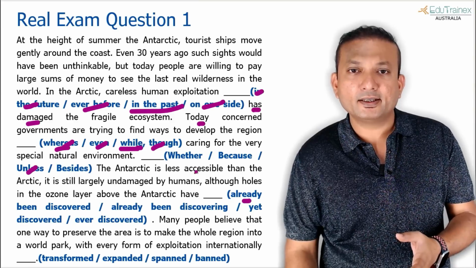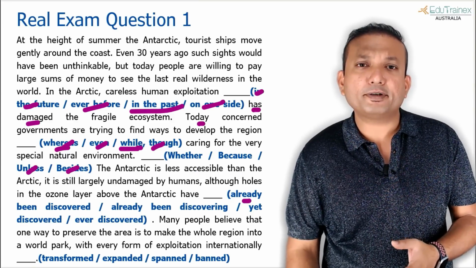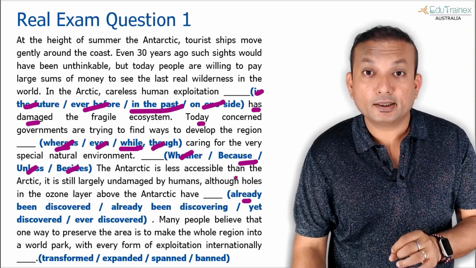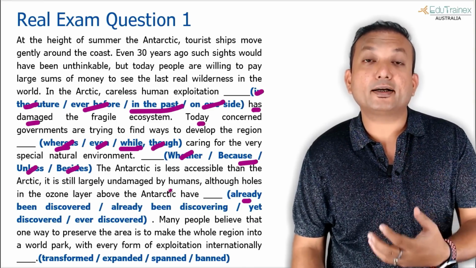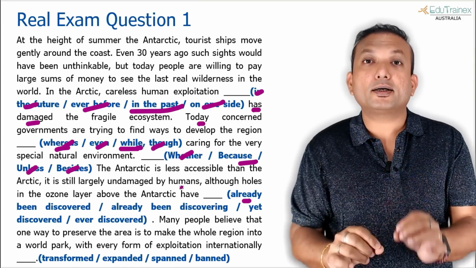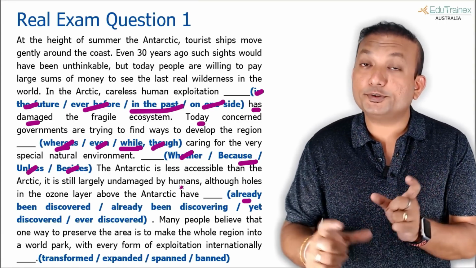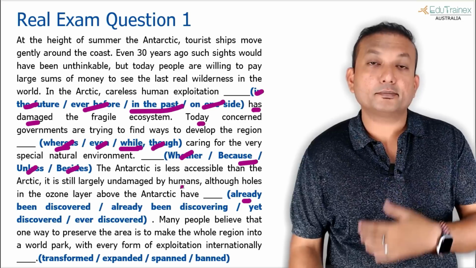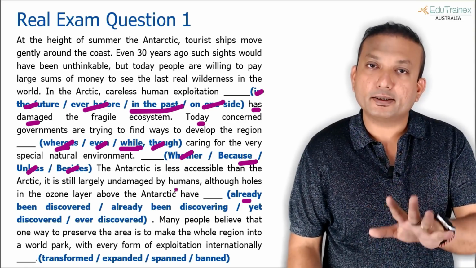Besides, the Antarctic is less accessible than before, again not fitting. Only because the Antarctic is less accessible than the Arctic, it is largely undamaged by humans. This is just a usage of because. You should understand the difference between these words. When do we use what? Because, whereas, whether, unless, besides. Google it, find it, learn it.